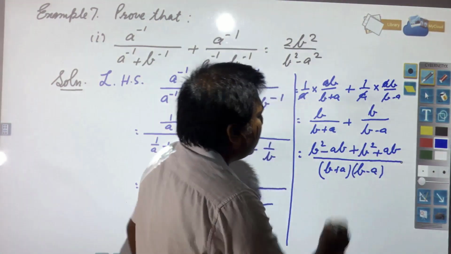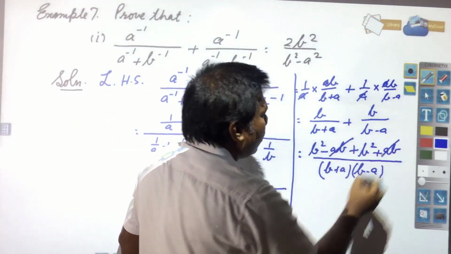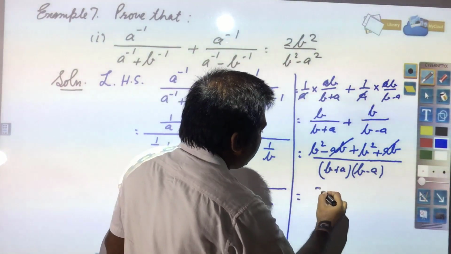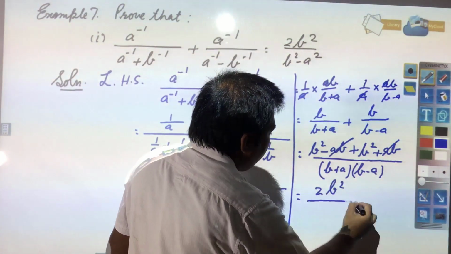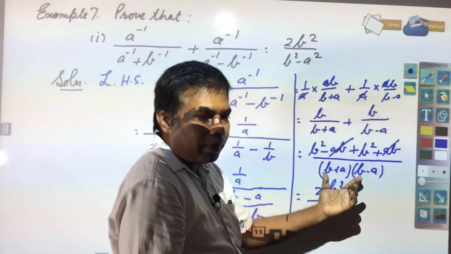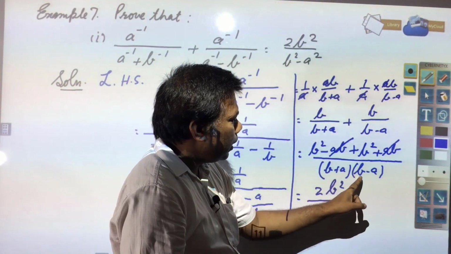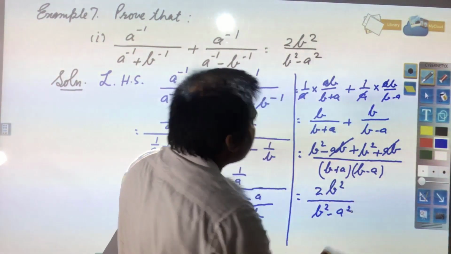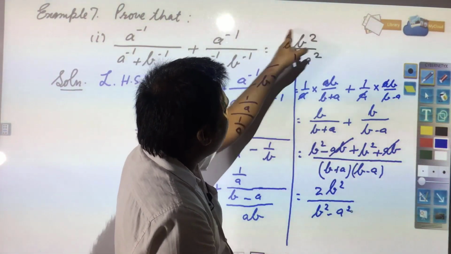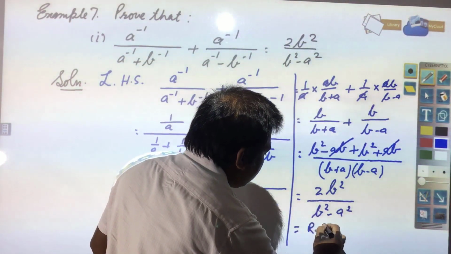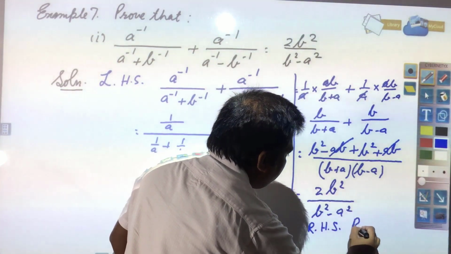Now, AB and AB got cancelled and you are left with B square plus B square, that is 2B square, divided by B plus A into B minus A. In that formula you have B plus A and B minus A, so this will be B square minus A square, and the same thing you needed to prove. So, you can write is equal to RHS, proved.